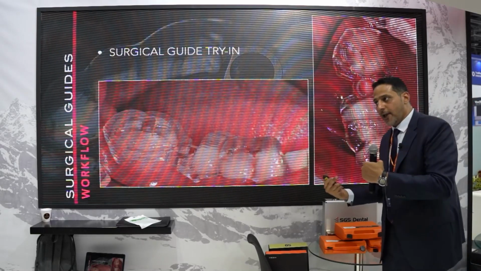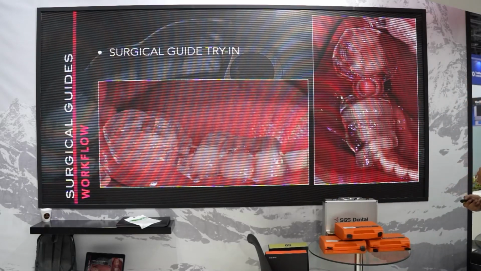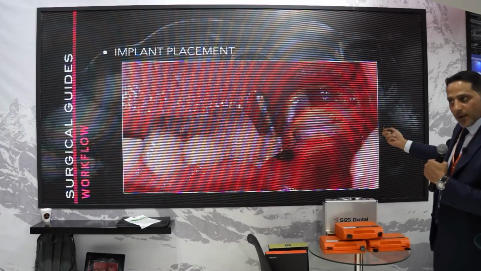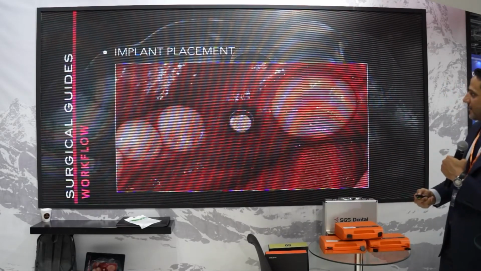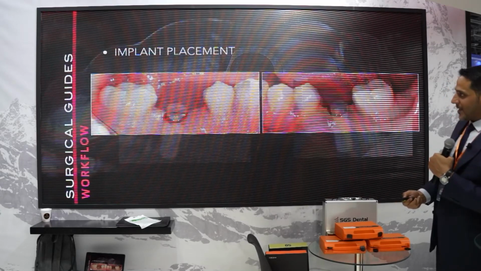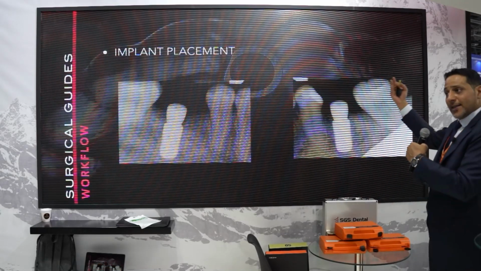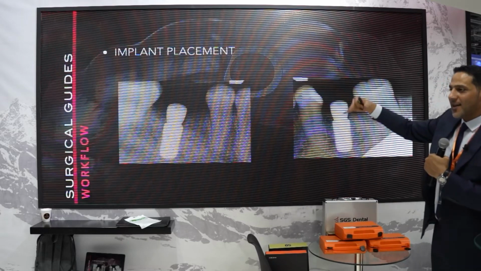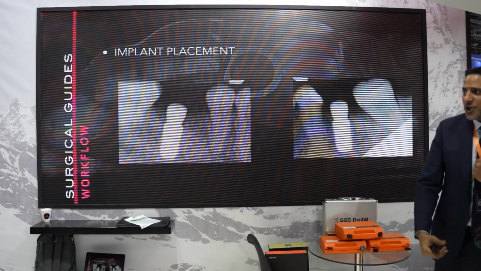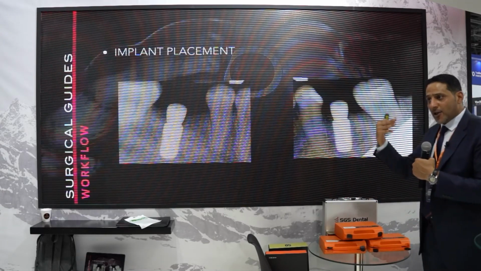Make sure it is not rocking. Passive seating. Flapless technique. Place the implant on both sides, left and right. As we planned it in the software, we got the same result. Okay? So this is the advantage of the digital workflow. What you plan, you will see.